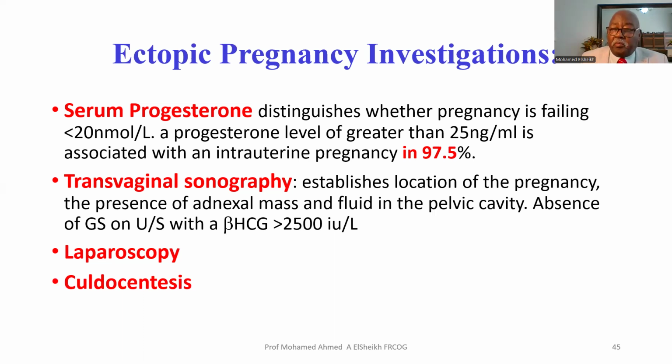If you aspirate blood, we used to believe that this is a ruptured ectopic pregnancy, but that's not a reliable and sensitive test because you may be aspirating from a vessel and the risks are severe, so we no longer use it. It's just to know that historically it used to be used.